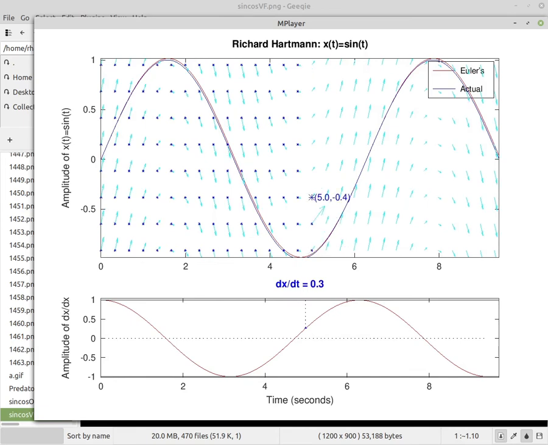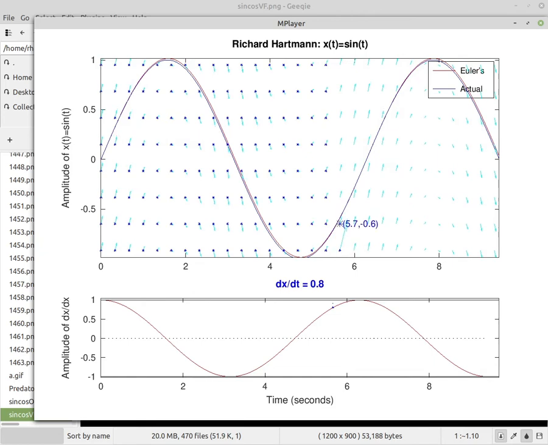And then here we're starting to go positive again, so it's got a bit of an angle going up. As it continues on, it's going up a little bit faster, so it's going more vertical. It moves over to 5.7 seconds, even more vertical, and over at 6 seconds, more vertical.